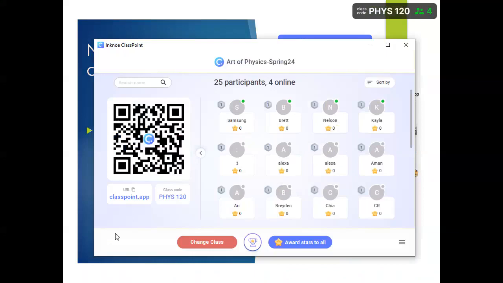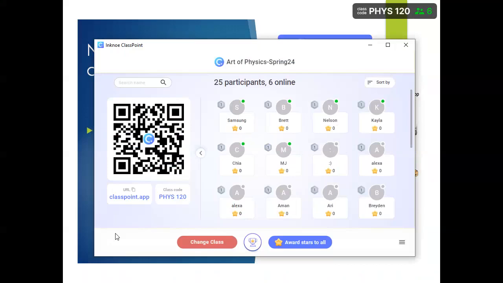The class is full. When I try to join, it says the class code is invalid and not in use. So are you using the same one? You don't need to change, because this is the same class. If you are using the same cell phone, it shows the same code and doesn't let you join.